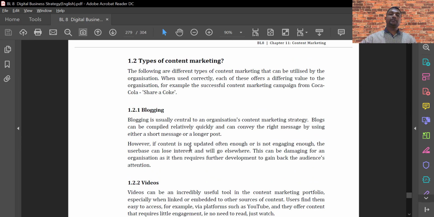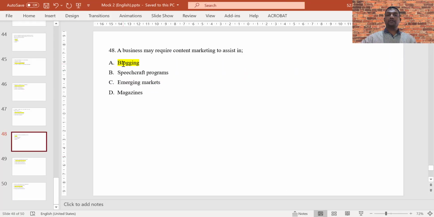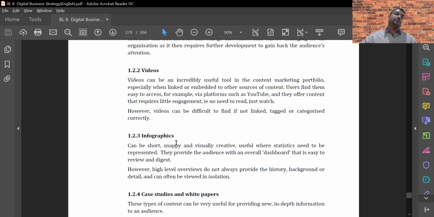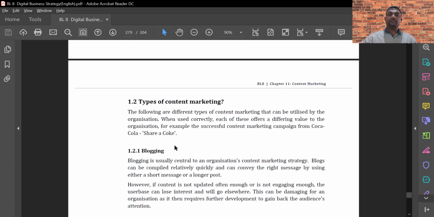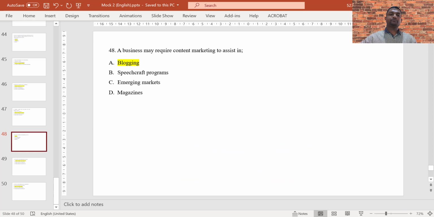So one of the items is blogging. So you can see content marketing will assist in blogging, and it will also assist in other different types of content marketing. So the answer is answer A.